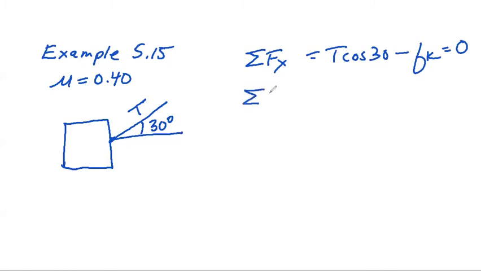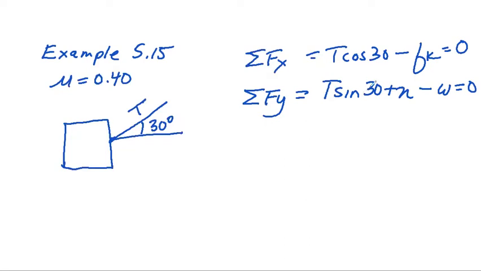And the sum of the forces in the y is going to equal T sine 30 plus my normal force minus my weight equals 0. This pulling it upward is going to relieve some of that normal force, right?